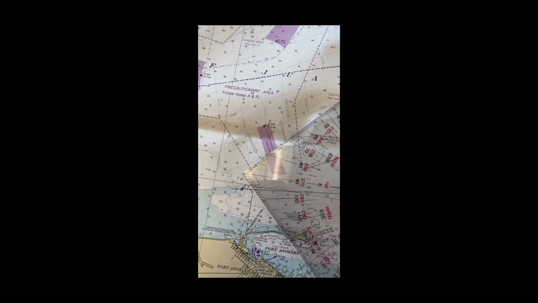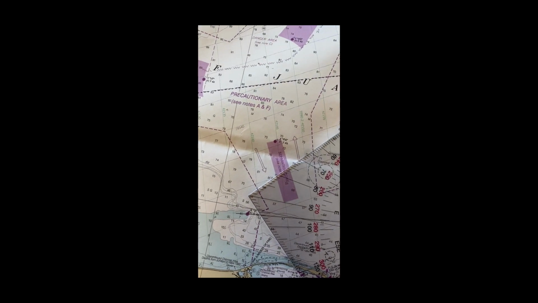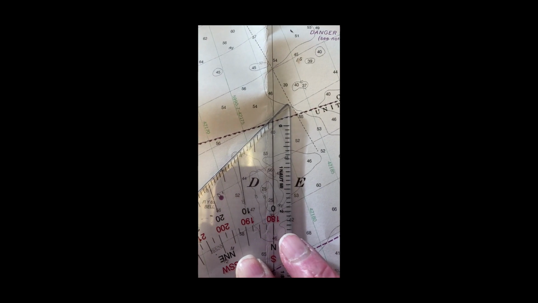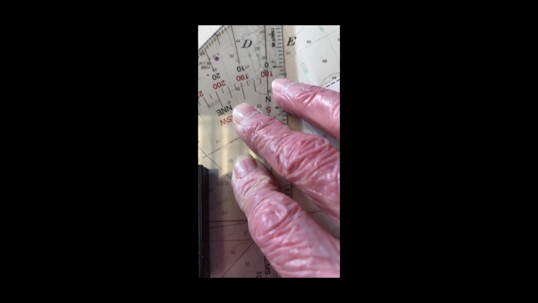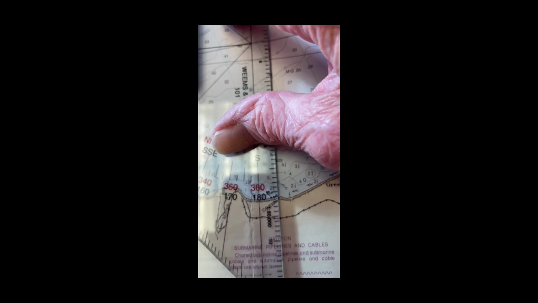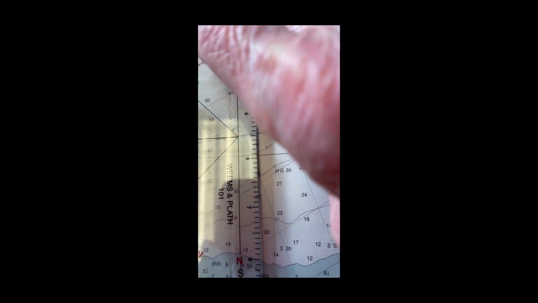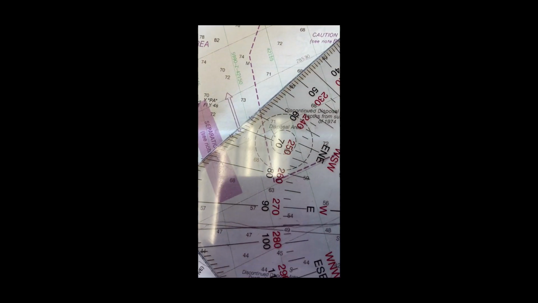Now the next part is we take this thing, let's see if I can do this without disturbing it. Okay, so now we look here, see that that's lined up right on that line. And it's also right on this line. You can't see it. It's right on top of the meridian. Okay, then we come over here, and you see that that is 6.